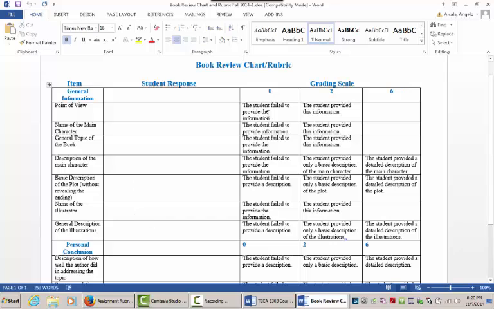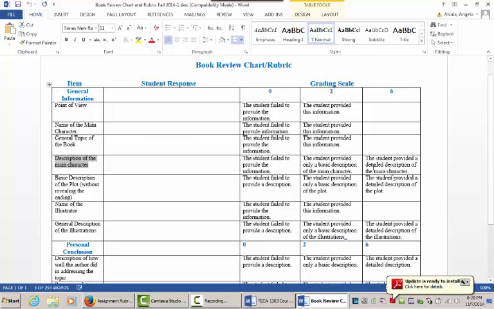If you notice over on the right, you've got the grading scale. And in the grading scale, again, if you don't give a response, 0. If you give the response that you're needed, in some cases it's 2 points, in some cases it may be 6. So like this one here, as far as the description of the main character, that is worth 6 points if you provide a detailed description. Okay.